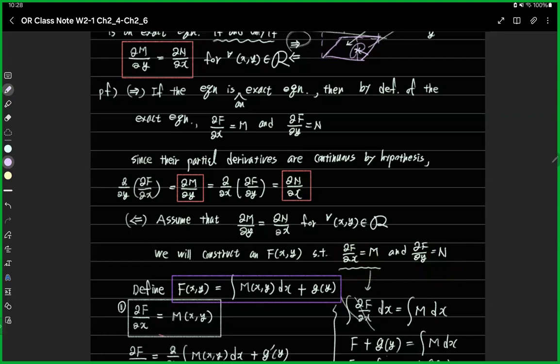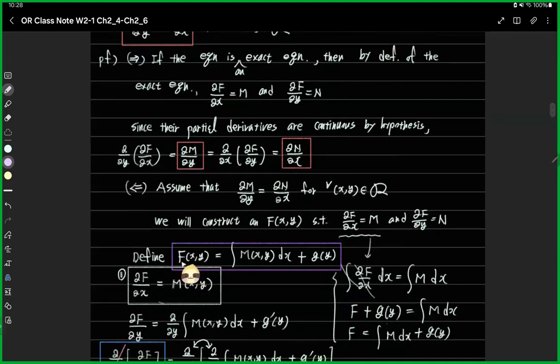So then define f as the integral of M with respect to x plus g of y. Where does that come from? Because we need to construct the f satisfying these two equations. So we take an integral on both sides, and we get this. Keep in mind we take an integral with respect to x. What happens?